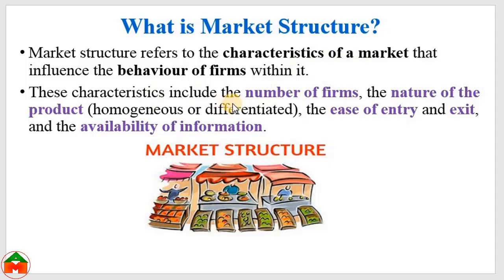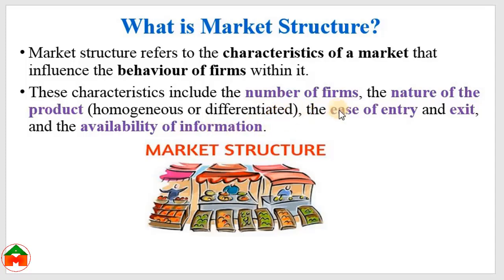The characteristics can be the number of firms and nature of the product. There are two kinds of product: homogeneous product, which means similar types of product, and differentiated product. Other characteristics are ease of entry or exit, and the last one is availability of information.